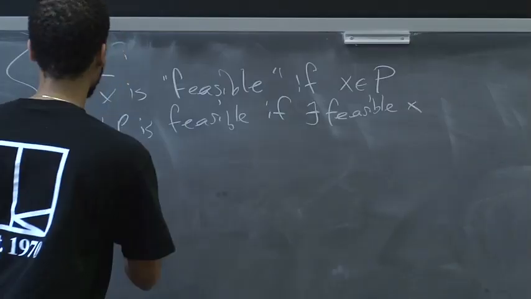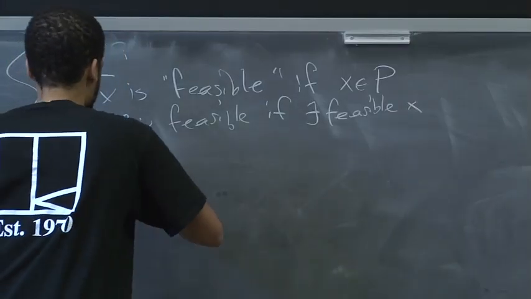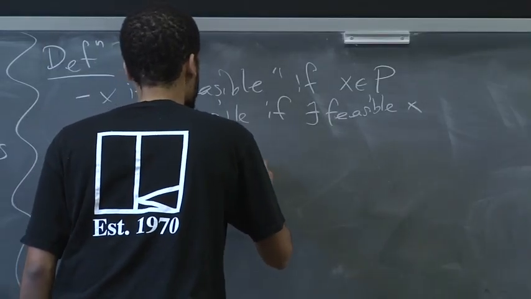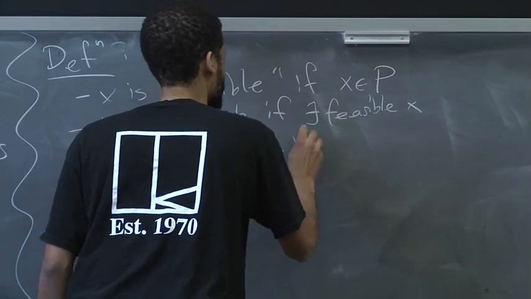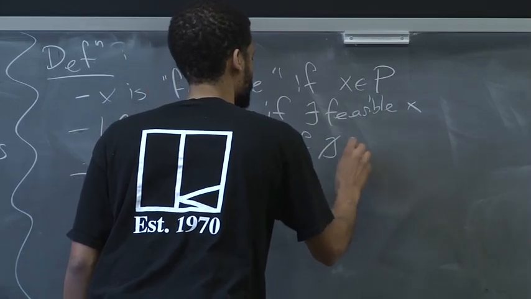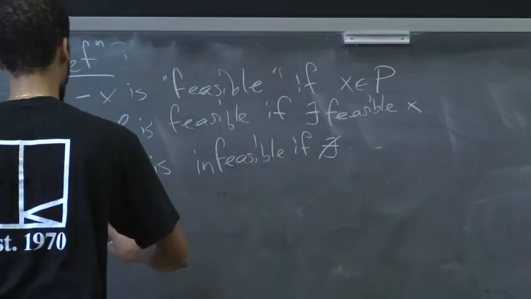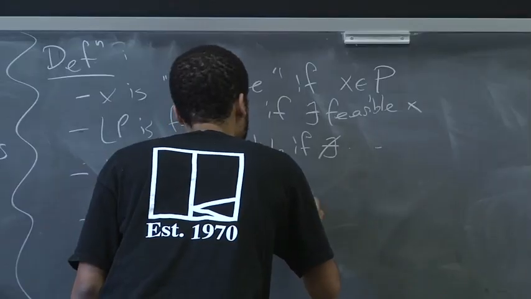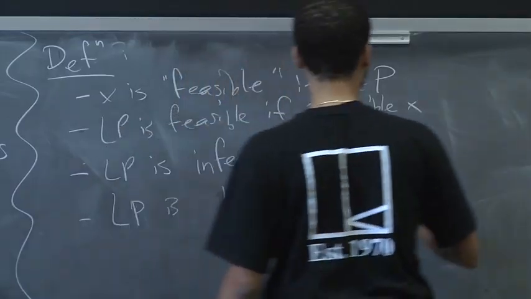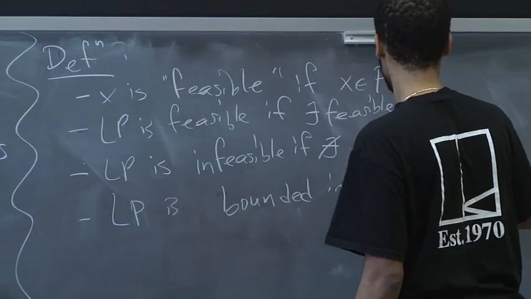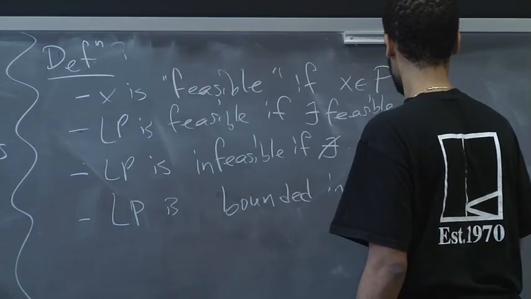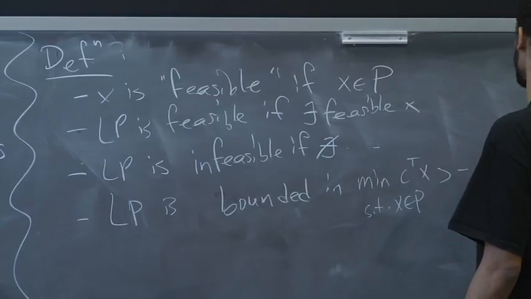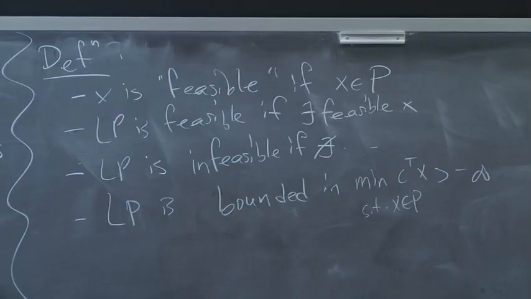And an LP is infeasible if there doesn't exist one. And an LP is bounded if the min of c transpose x such that x is in P is not minus infinity. Okay, if you can't make it arbitrarily small.